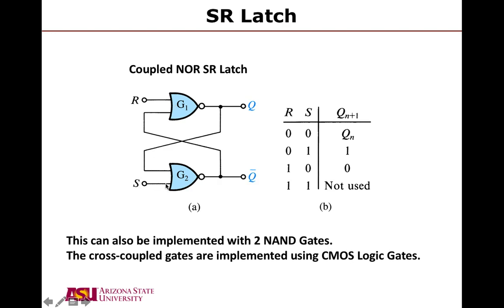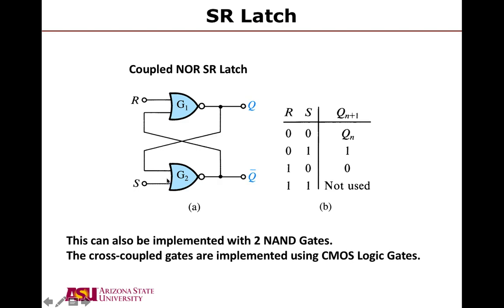So what that means is the outputs of G1 and G2 are dependent on the prior input value. So if R is 0, G1's output Q will be based upon whatever Q bar is. So if Q bar was 0, then Q will be 1. If Q bar was 1, Q will be 0, and it holds its last state.